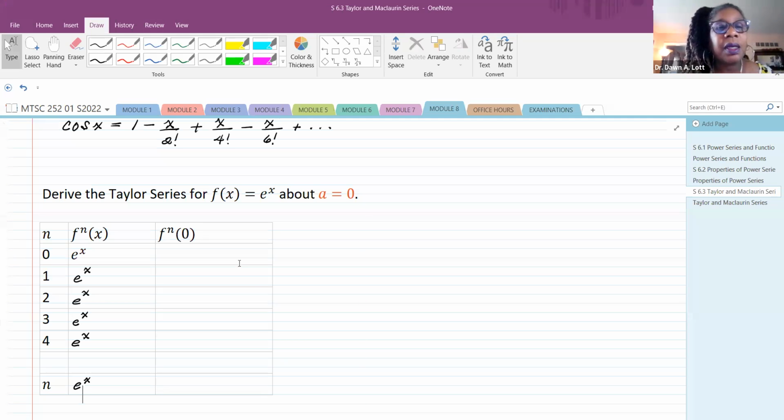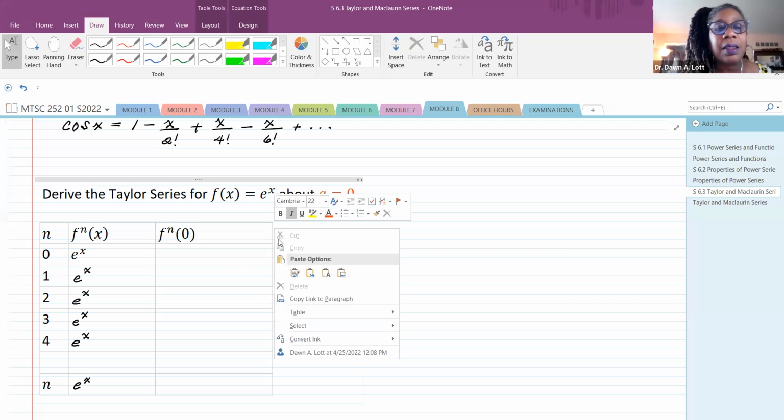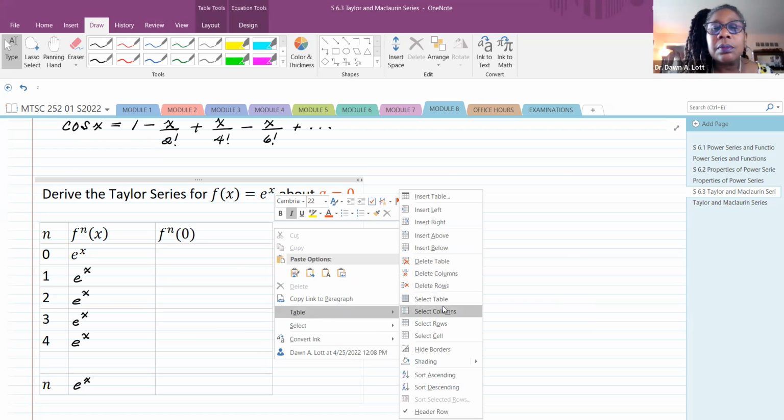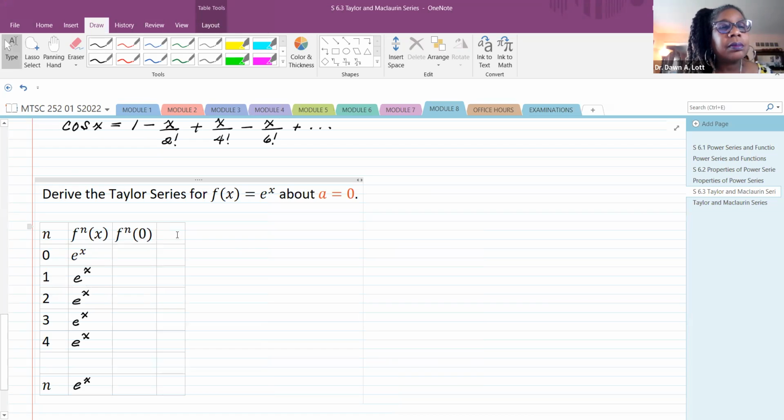Actually, I think I am going to add a column. Okay, so now that we've done that, which I have a feeling I'm getting ready to have to redo it, but that's okay.